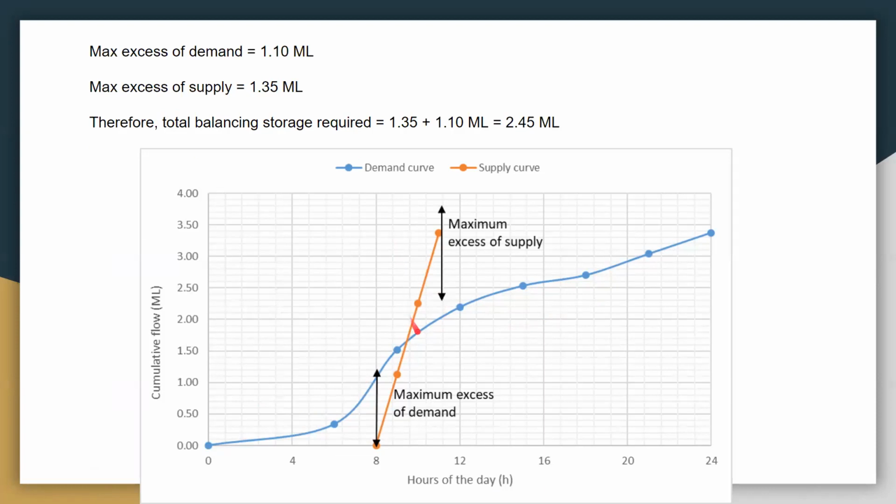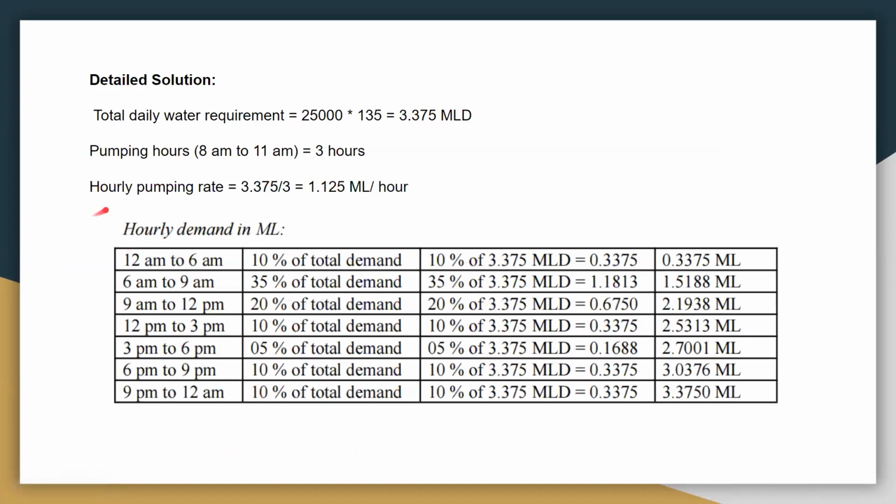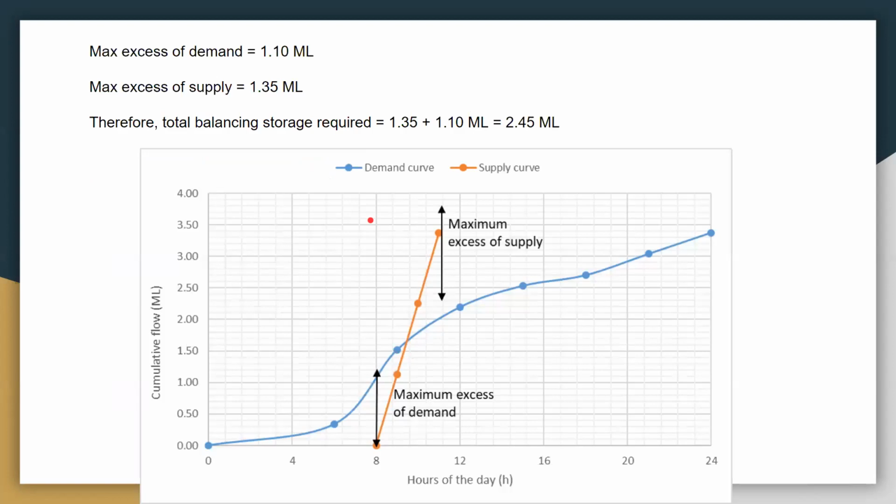After that, we plot the supply curve. Supply has been given for the time 8 to 11. They have told us that the pumping is being done, that is the water is being supplied, between 8 to 11 a.m. and that also at an hourly pumping rate of 1.125 million liters per hour. That curve is provided as this orange line.